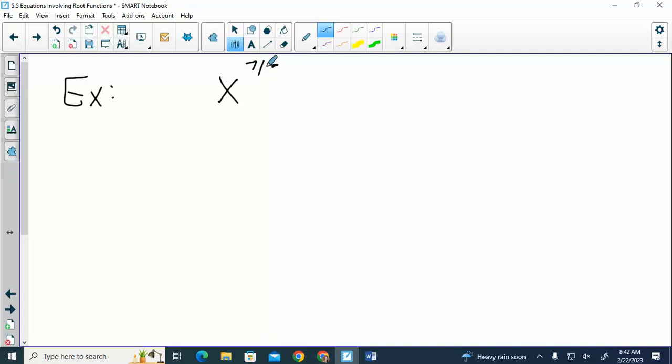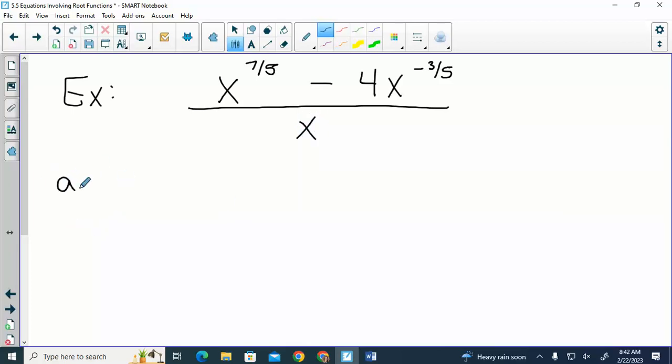Is that a 5 or an 8? x to the 7/5 minus 4x to the negative 3/5, over x. Alright, so part A, multiply the x over.